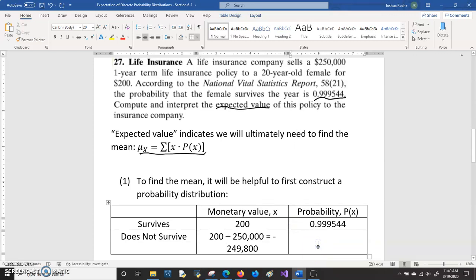For the probabilities, the probability that she would survive is 0.999544. The probability that she would not survive that year is the complement of this. So 1 minus 0.999544, which is going to be 0.000456.